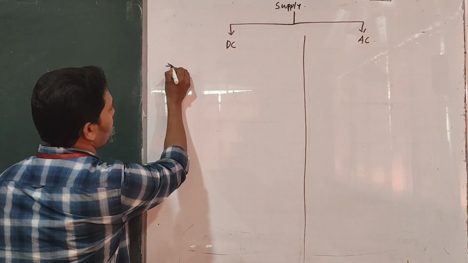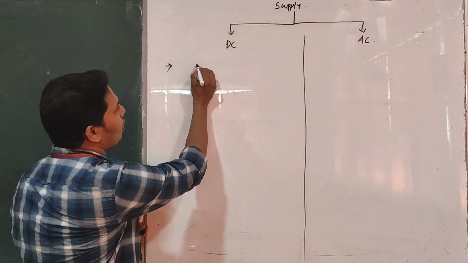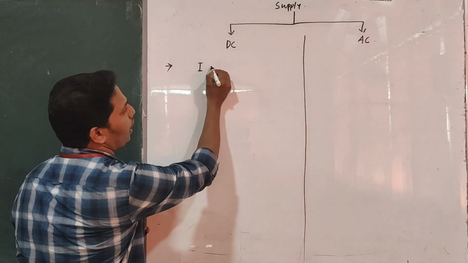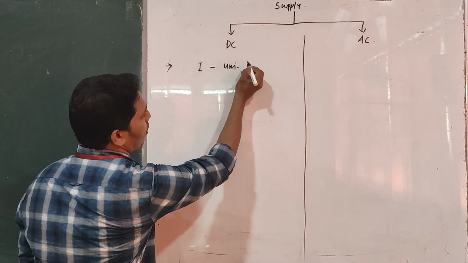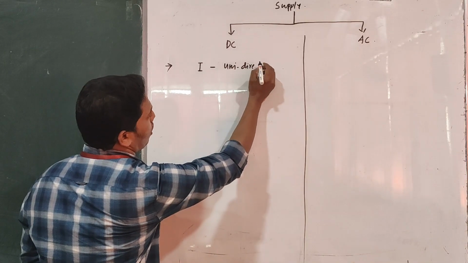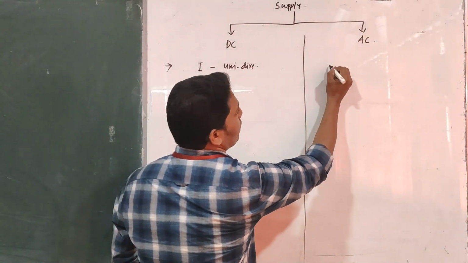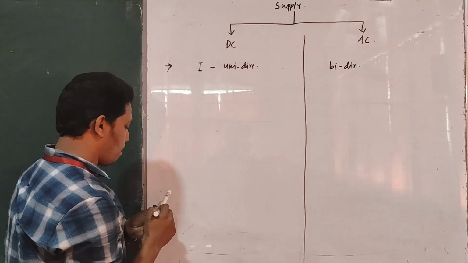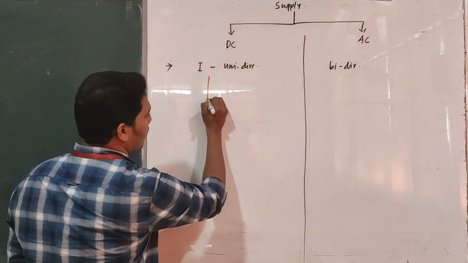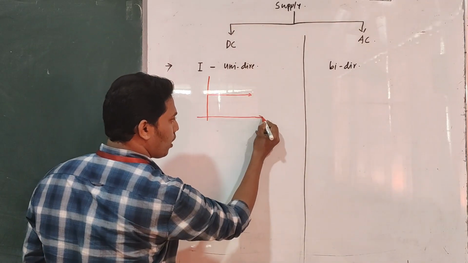The first point: in DC circuits, current flows in a single direction, a unidirectional current, but in the case of AC, a bidirectional current flows. We can represent DC in a single quadrant graph.